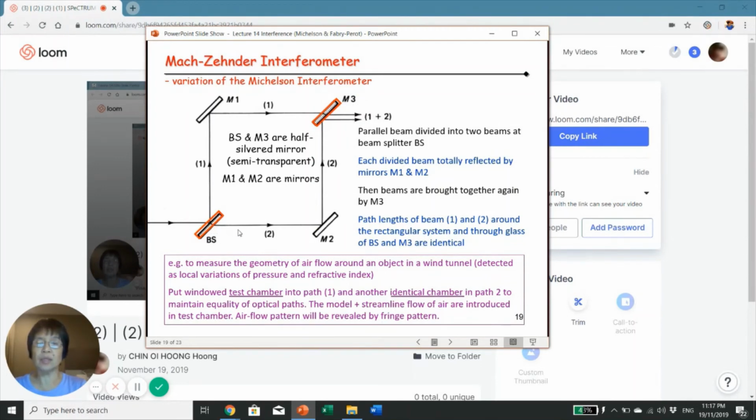And this one will be reflected by this, but not onto itself, but at 90 degrees. If you call this the incident beam, then it's 45, 45, and then it gets reflected here. And when you bring the two beams together, you will have an interference pattern.